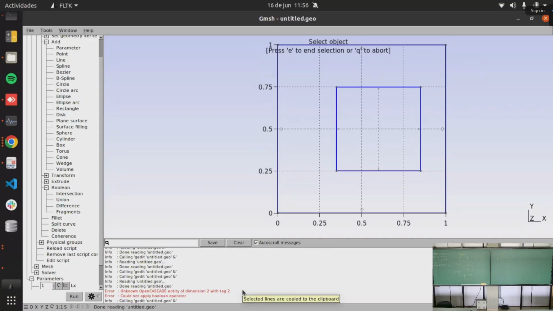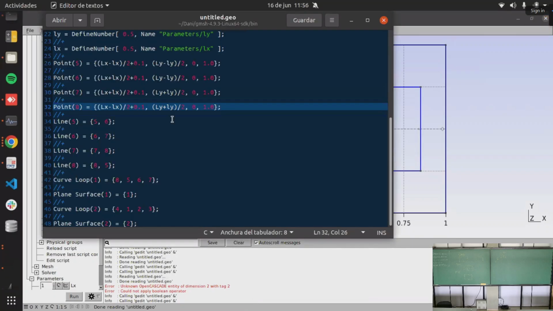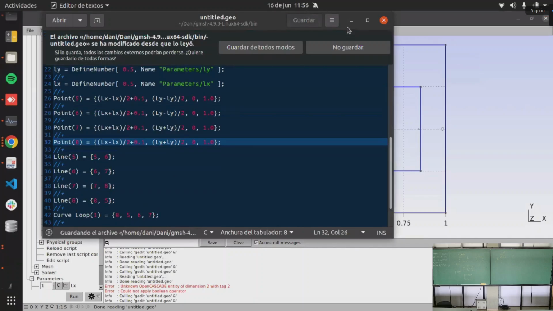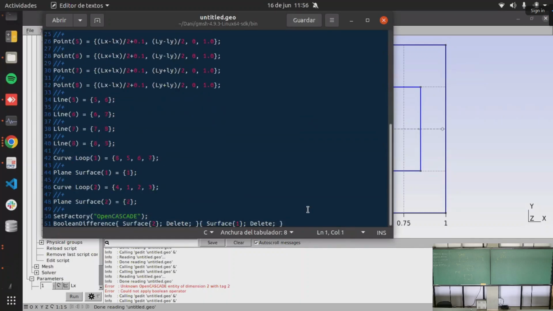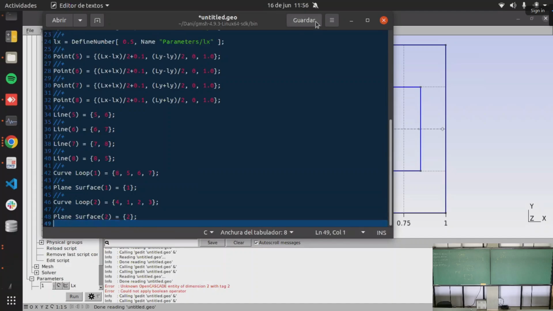Dimension. Okay, what's the problem? Sorry. Okay, maybe I change the order.